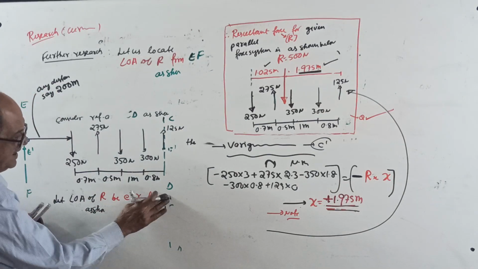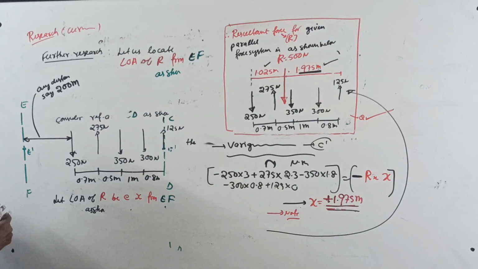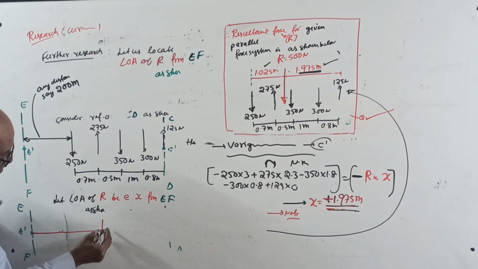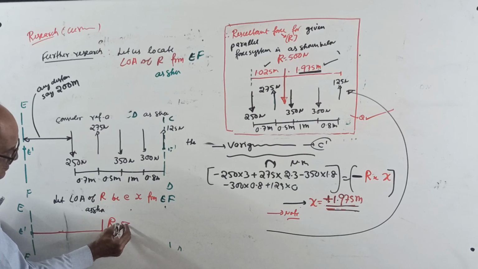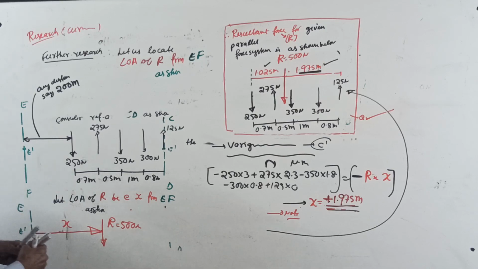Then resultant R also should be taken at X from EF only, as shown. Anywhere you want, X. Okay.